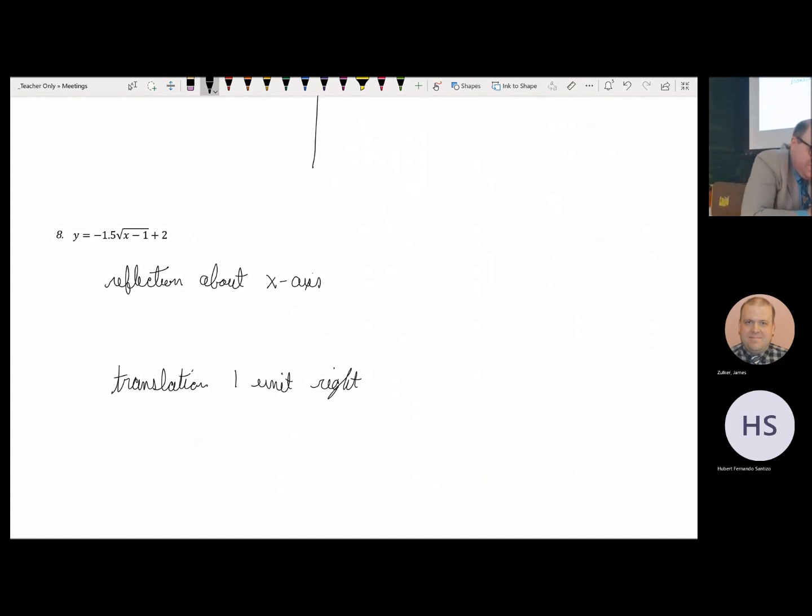That one was move up one, move up two. Another translation, a translation of 1, 2 units. Right, well, that's 3 transformations. It's the 4th. The vertical stretch.